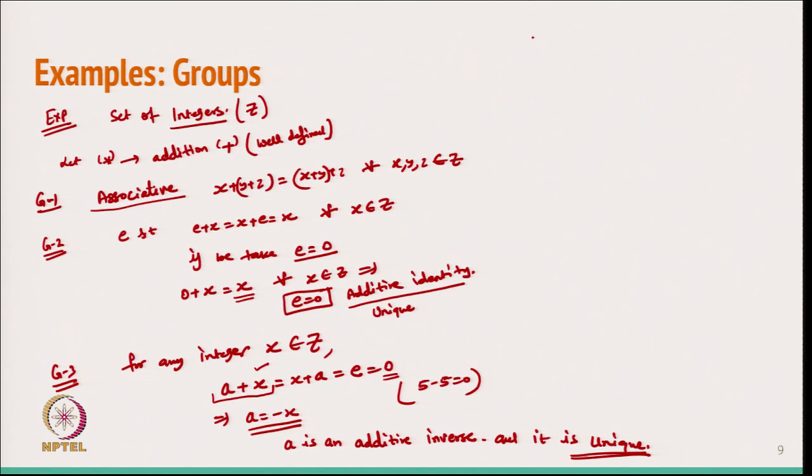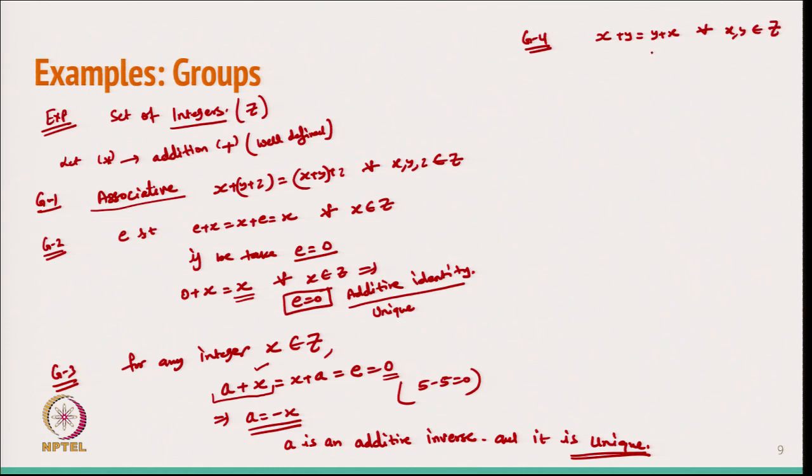Now, I will satisfy the fourth property, and from here I know that x plus y can be written as y plus x. This is true for all x, y belonging to the set of integers.